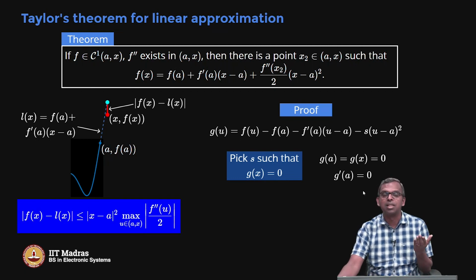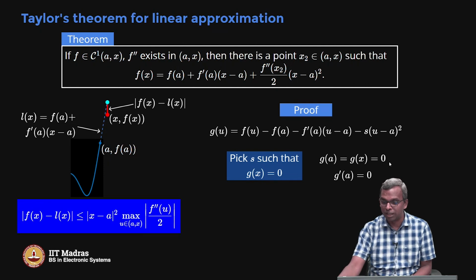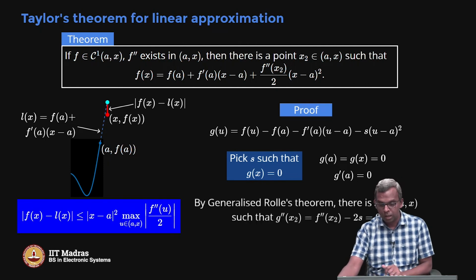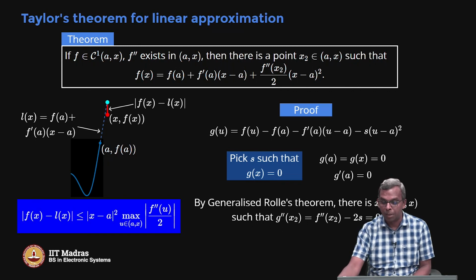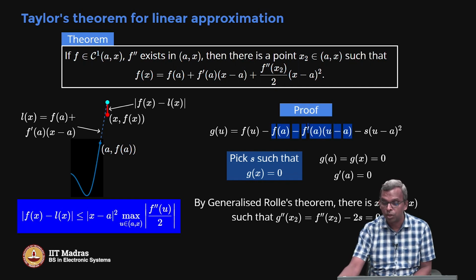Now, we can use the generalized Rolle's theorem, right? Because g of a equals g of x equals 0 and g prime of a is 0. By generalized Rolle's theorem, I know there is an x2 in (a, x) such that g double prime of x2 is 0. But what is g double prime of x2? If I do a double derivative, all these guys will vanish. This is a constant, this is a linear function, it will go off.